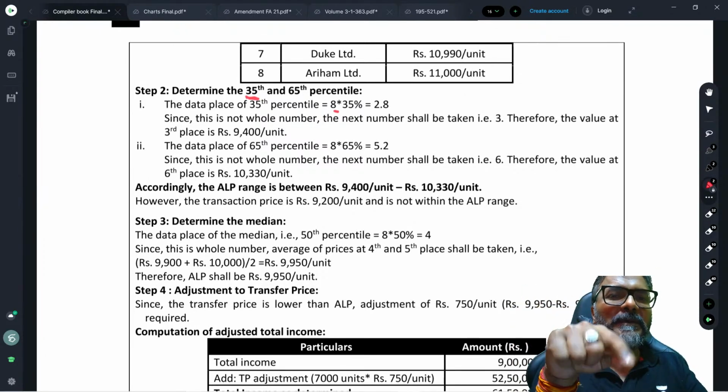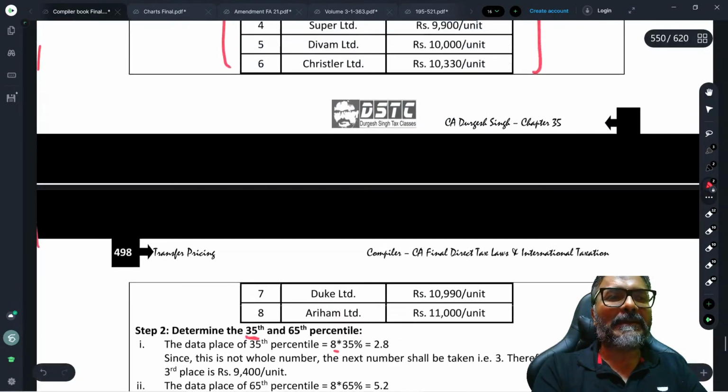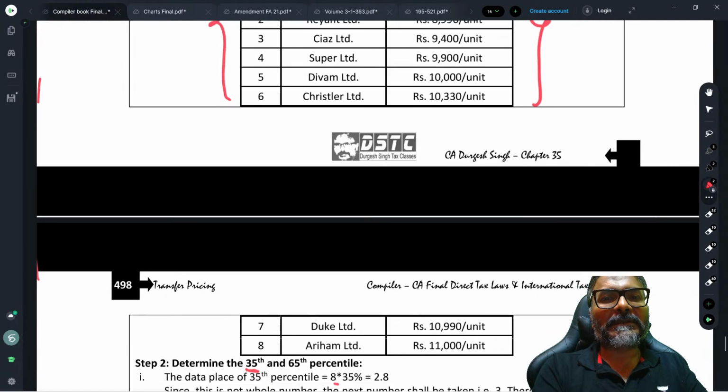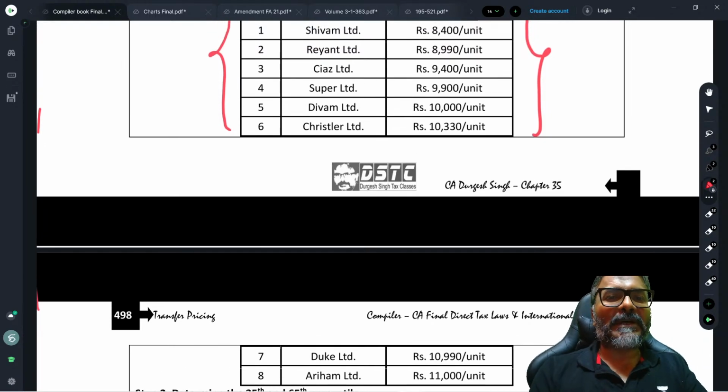So the range is between 3 to 6. Your price that should have been charged should be between 3 to 6. That is to say, you should have charged the price between 9,400 to 10,330.